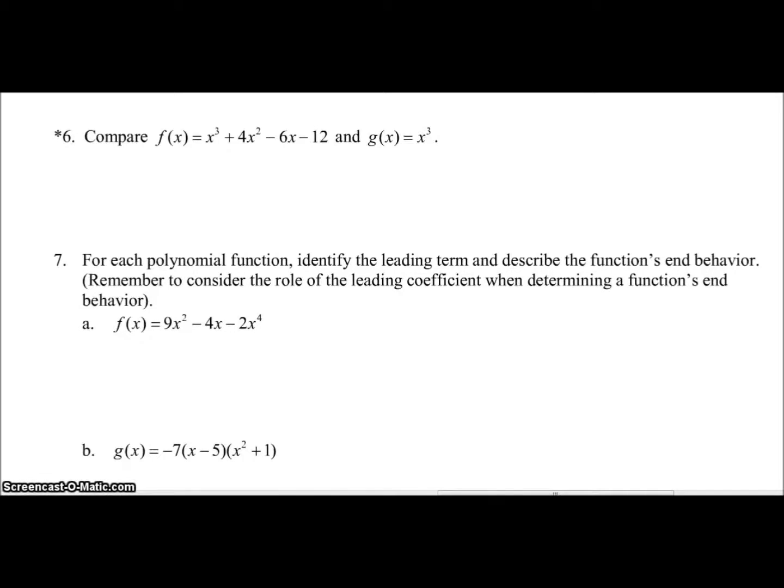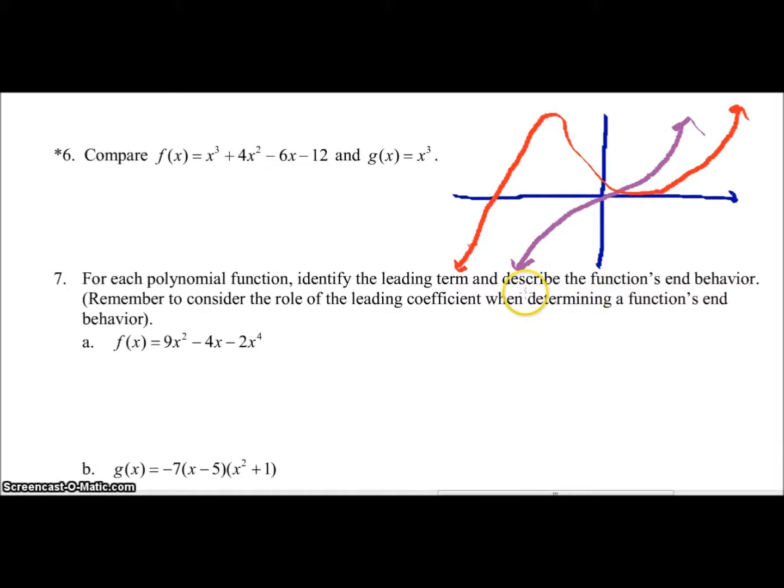They're both cubic functions, but if we graph x cubed and we graph x cubed plus 4x squared minus 6x minus 12, this is what I notice. The functions look sort of like this. Here's x cubed, and here's f of x.